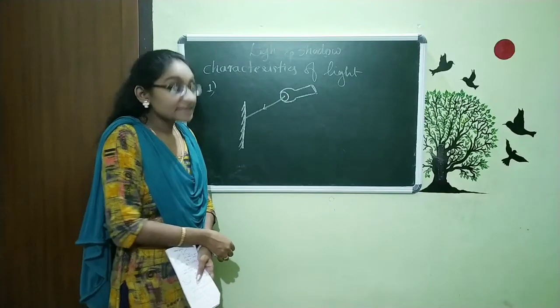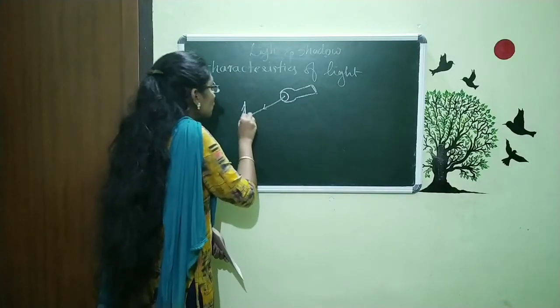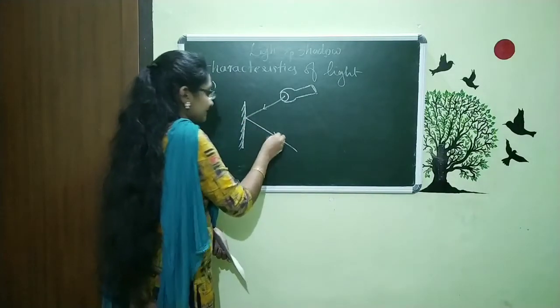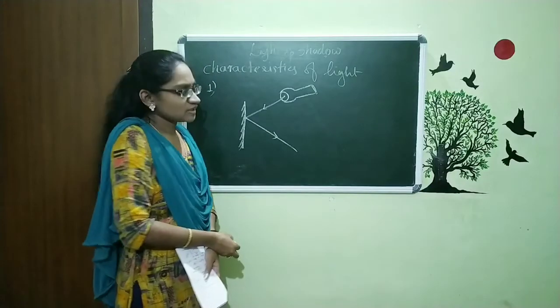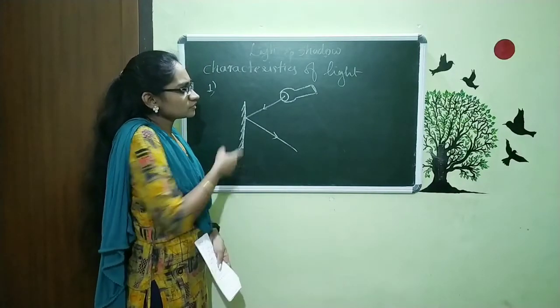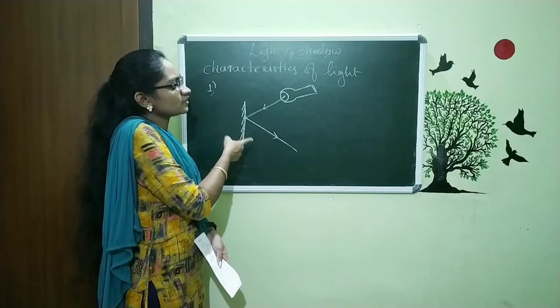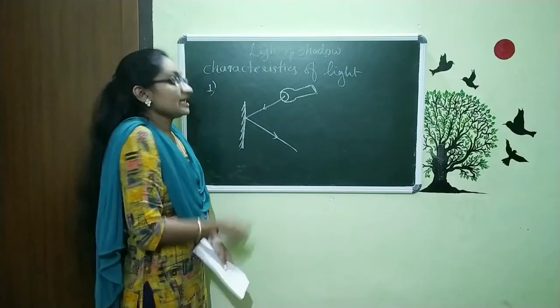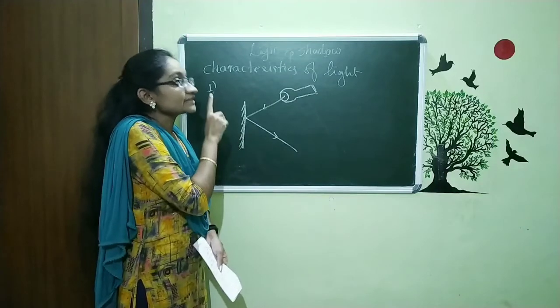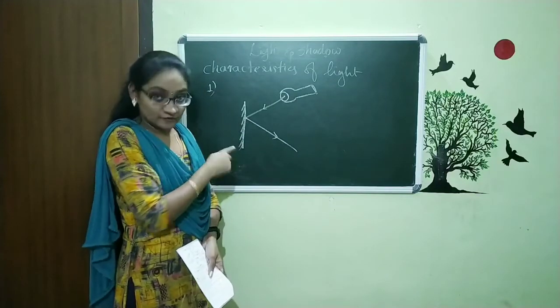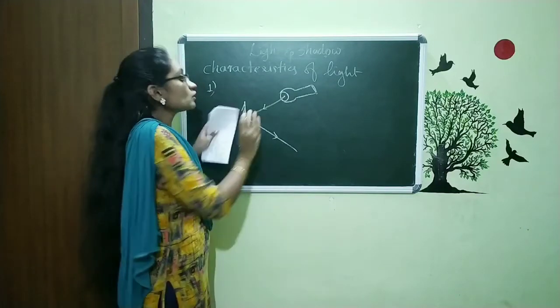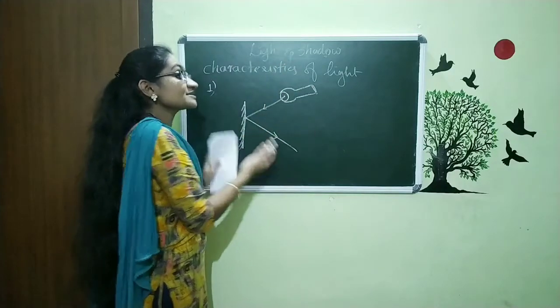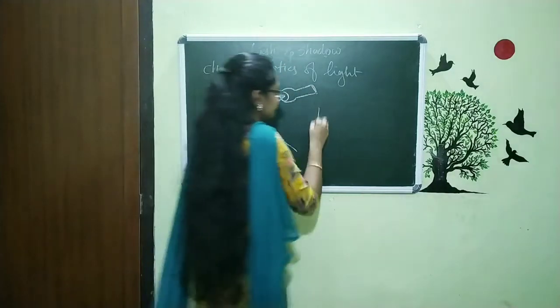It will move in another direction like this. So, is this one characteristic of the light? Yes, we can say it like that. Actually, this is also one characteristic of the behavior of light. I am going to call this process reflection.